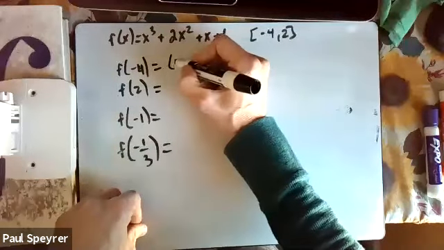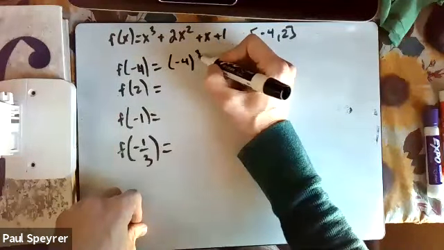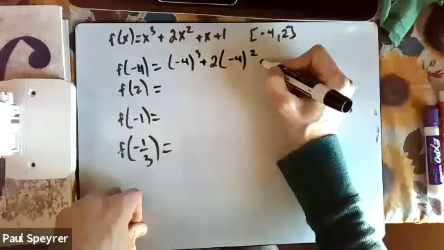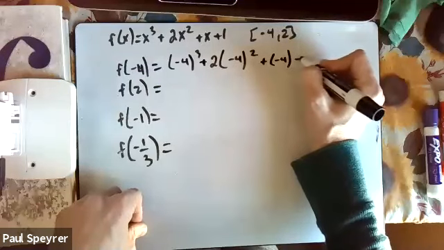So this would be negative 4 cubed plus 2 times negative 4 squared plus a negative 4 plus 1.